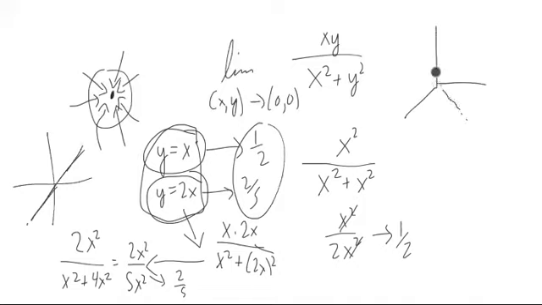Along this line, the z value is getting close to this point, whereas from a direction like this, going along here, the z values are getting close to 2/5, which is a little bit less.